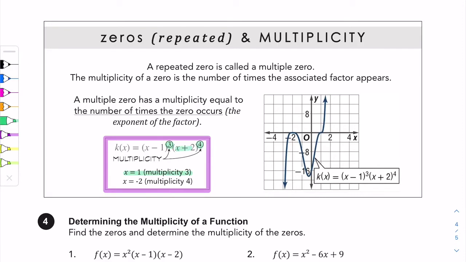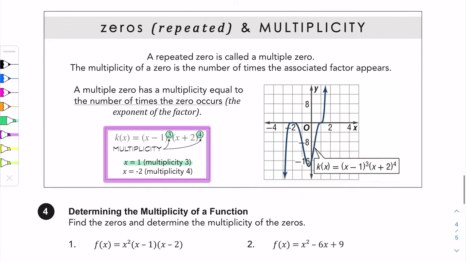This factor is x plus 2. Set that equal to 0, x equals negative 2. The exponent indicates that it happens 4 times, so the multiplicity is 4. Now the multiplicity is specific to the shape of the graph. Next class when we're graphing, the multiplicity will tell you what type of curve to make at each zero.